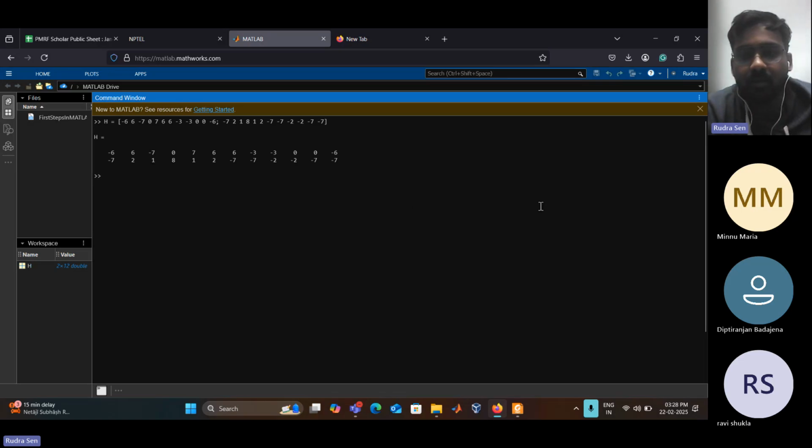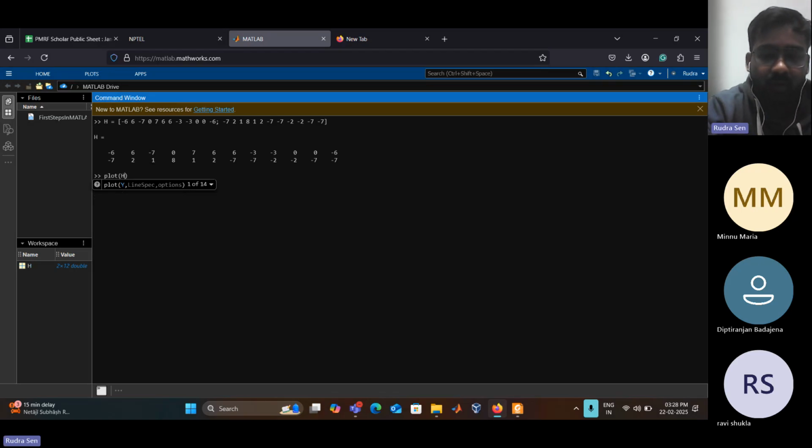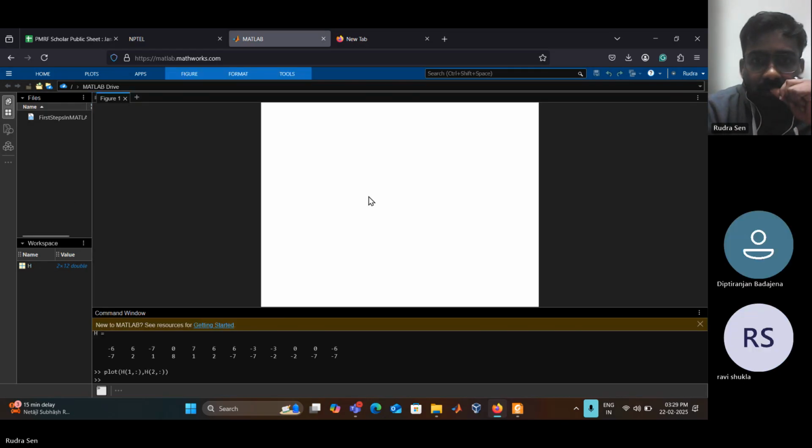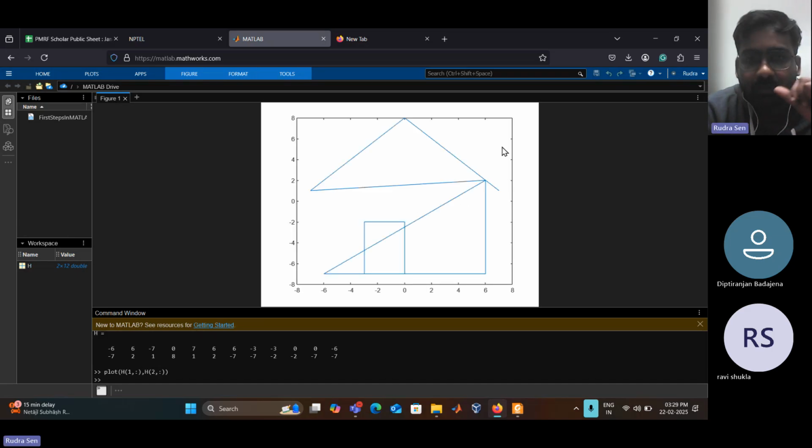Now if I plot this XY plot, I'm plotting the first row with all columns against the second row with all columns. Oh, I did something wrong. Sorry.